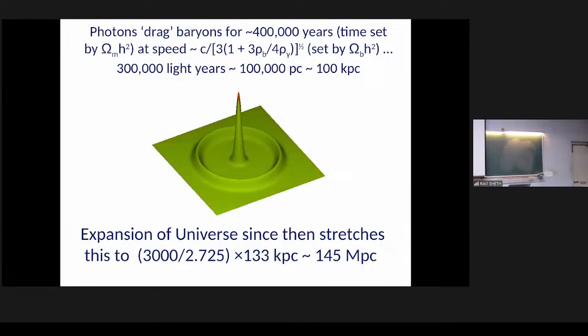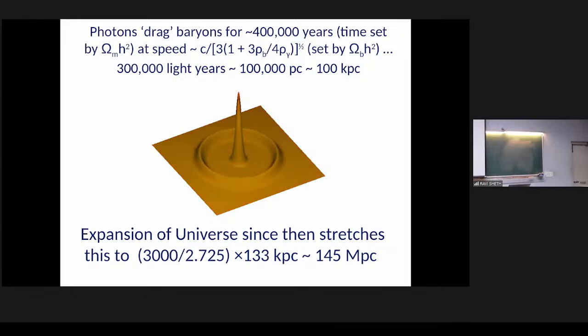And to set scale, 300,000 years at the speed of light is 300,000 light years, which is 100 kiloparsecs. This is 100 kiloparsecs at a time when the universe was 1,000 times smaller than it is today, because the redshift of the CNB is 1,000. The temperature of the CNB we observe now is 2.7, and we think it started out at 2,700. So that ratio is 1,000 and a bit.